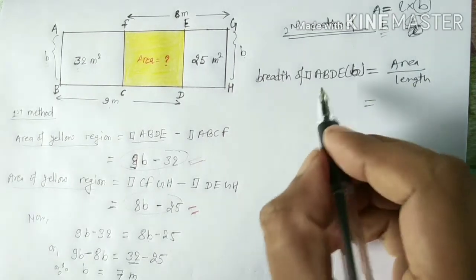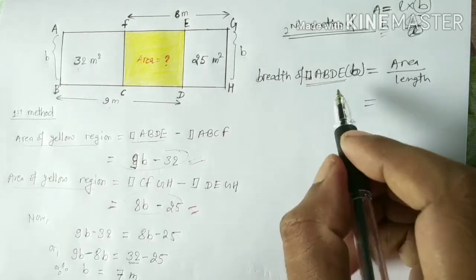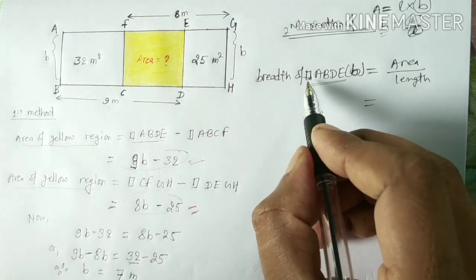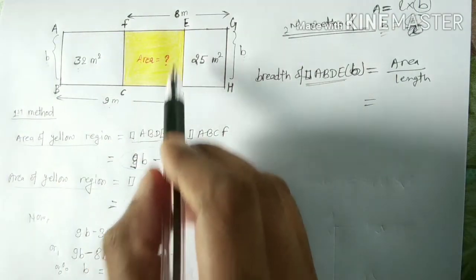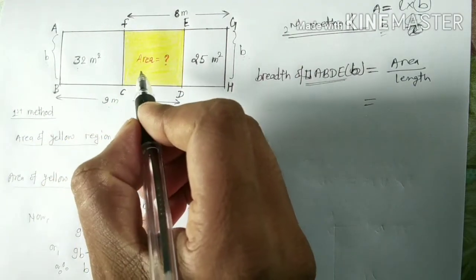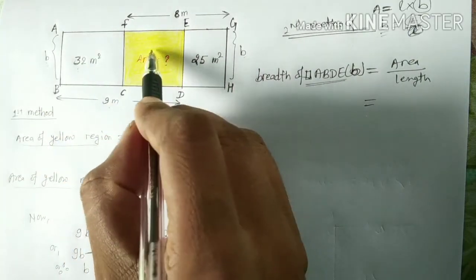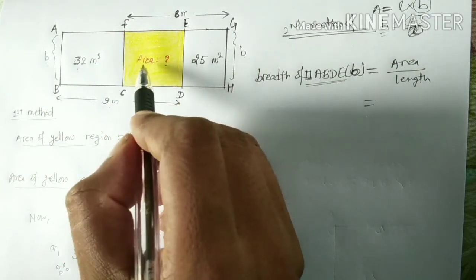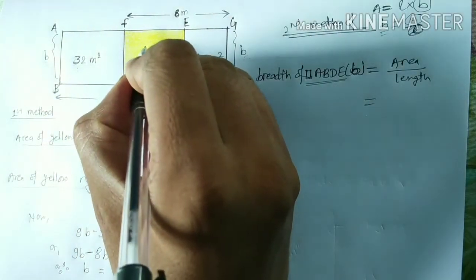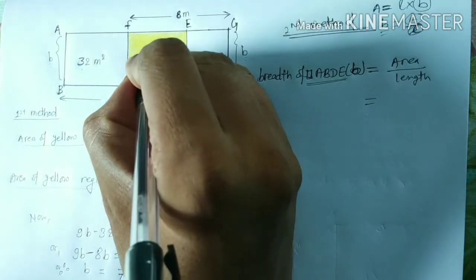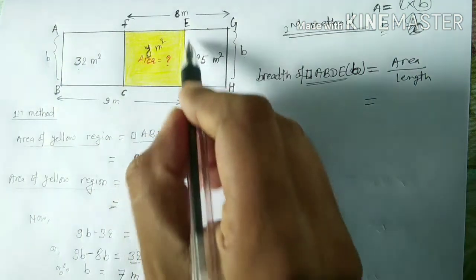So as you can see in the question, the area of rectangle ABDE will be the area of this rectangle plus the area of the yellowish rectangle. So suppose its area be y, let it be y meter square.